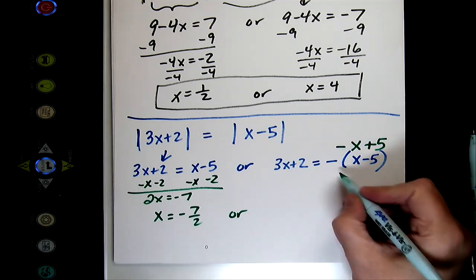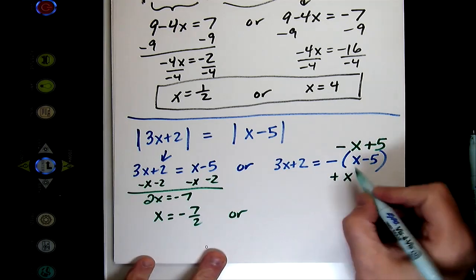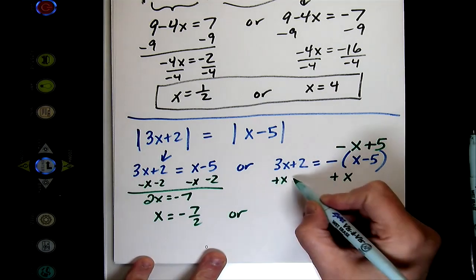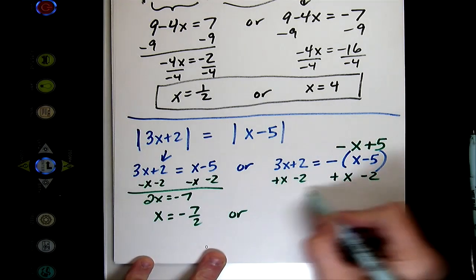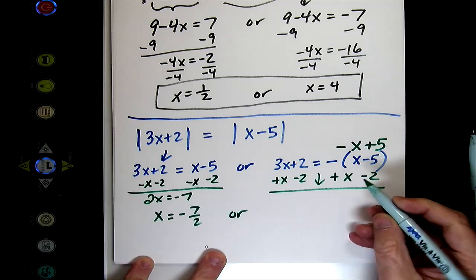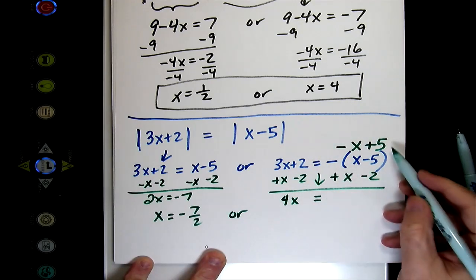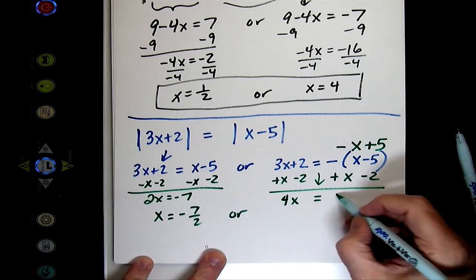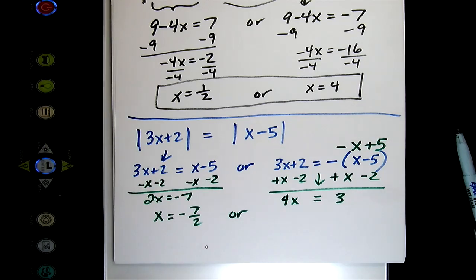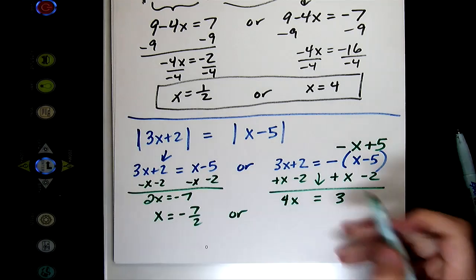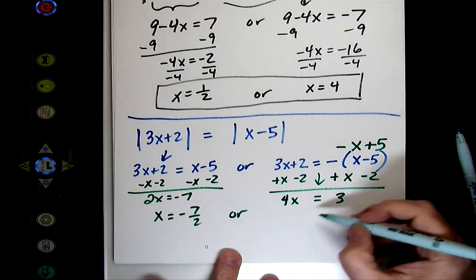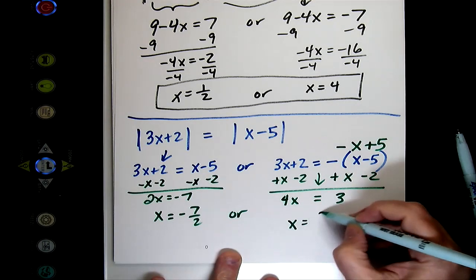So if I get my x's all on the same side, I'm going to add x to both sides. I'll still subtract the 2. Now I've got 4x. 5 minus 2 is 3. So the other answer we get is x equals 3/4.